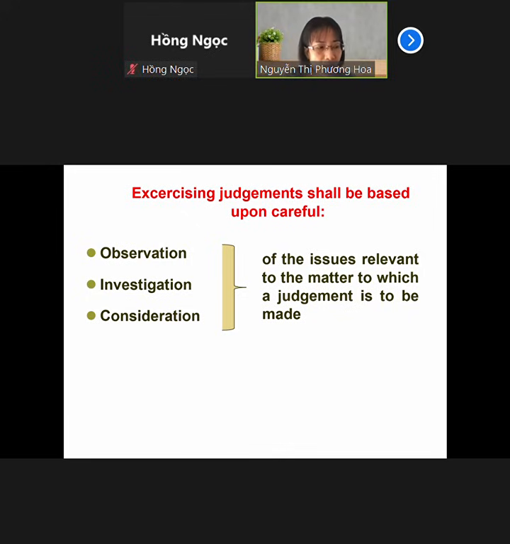So after very careful observation, investigation, and consideration, we have more information about the victim. That is a man, middle-aged, married, right?